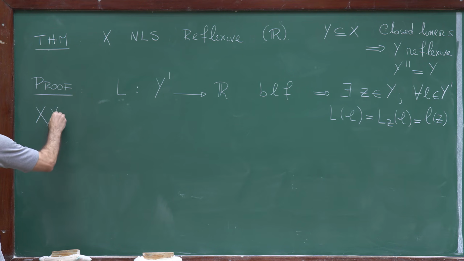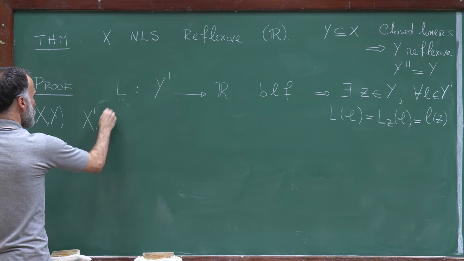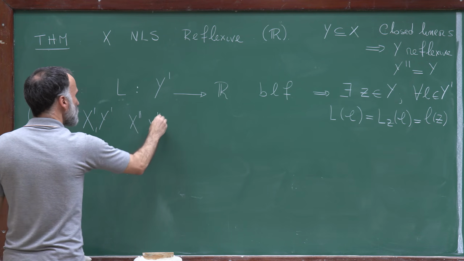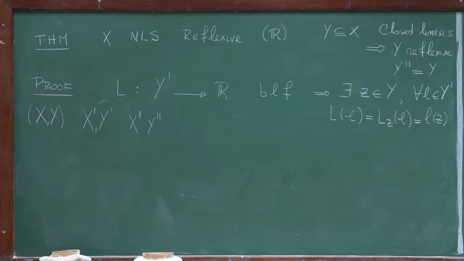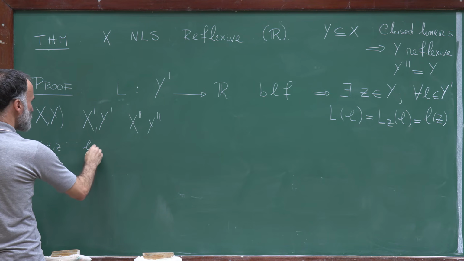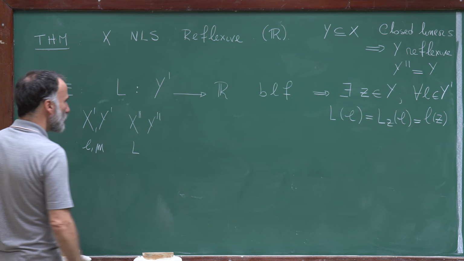So we have here two spaces, X and Y. We have then X prime, Y prime, and X double prime. So let me fix notation, because notation will be slightly heavy in this proof. So points in X and Y will be represented by x, y, z. Then points in X prime, Y prime will be represented by l, sometimes m, and here capital L.